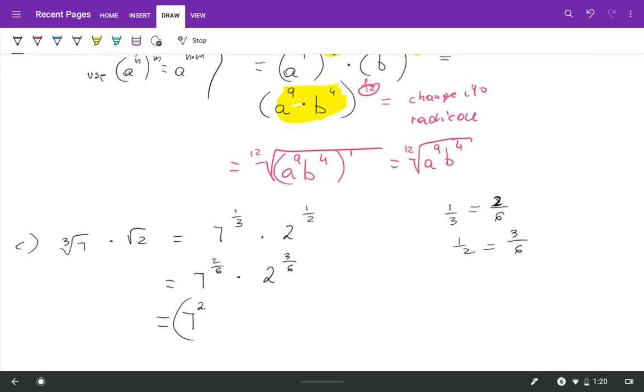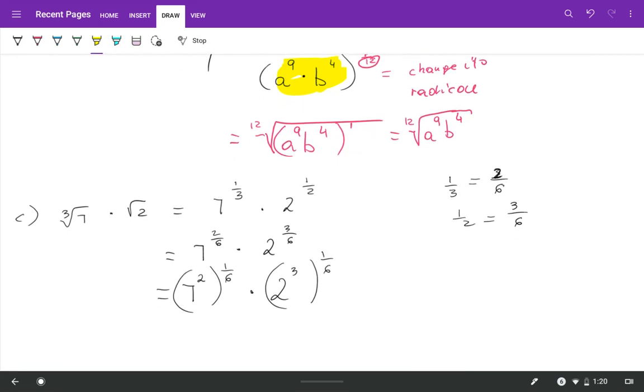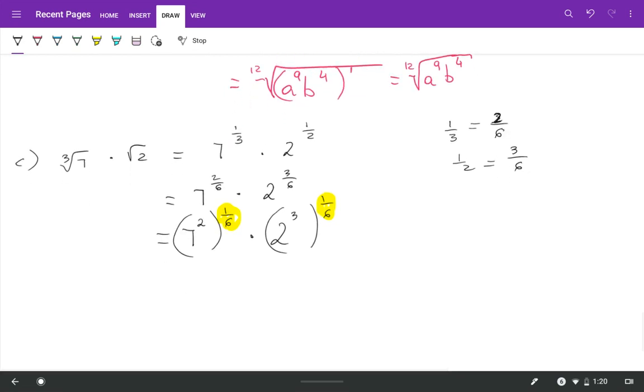So this is the same as 7 to the power of 2 over 6 times 2 to the power of 3 over 6. Next we're going to rewrite that as 7 to the power of 2, with everything to the power of 1 over 6, times 2 to the power of 3, with everything to the power of 1 over 6.